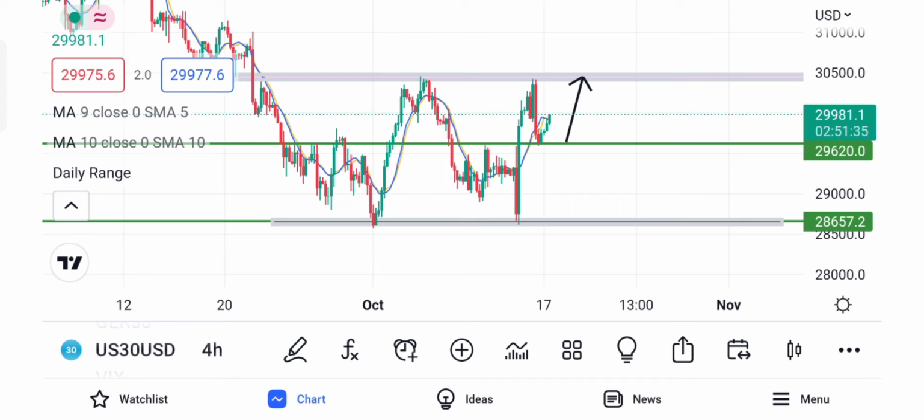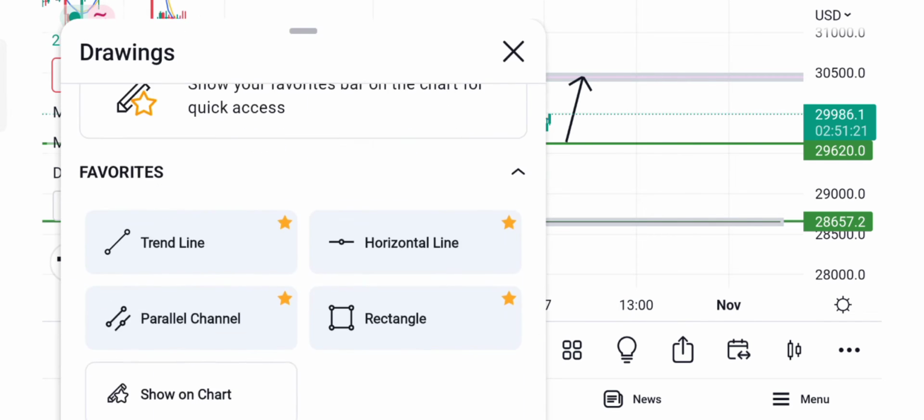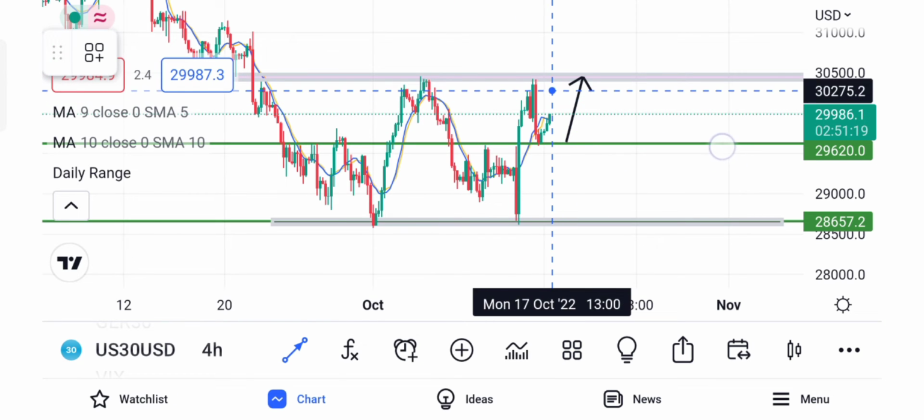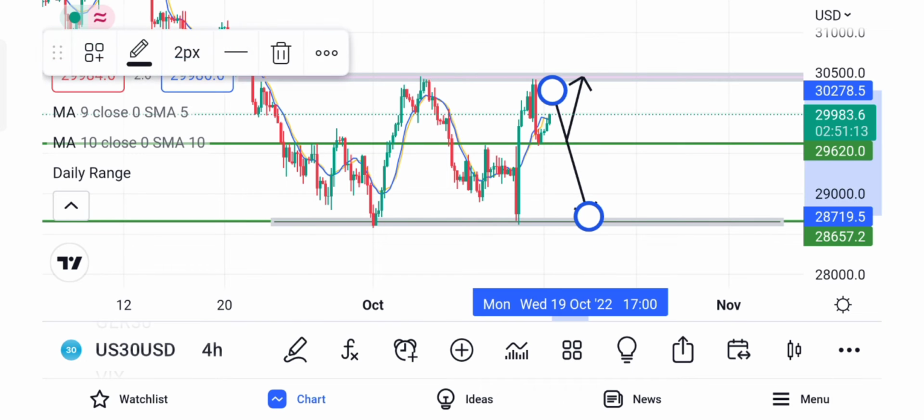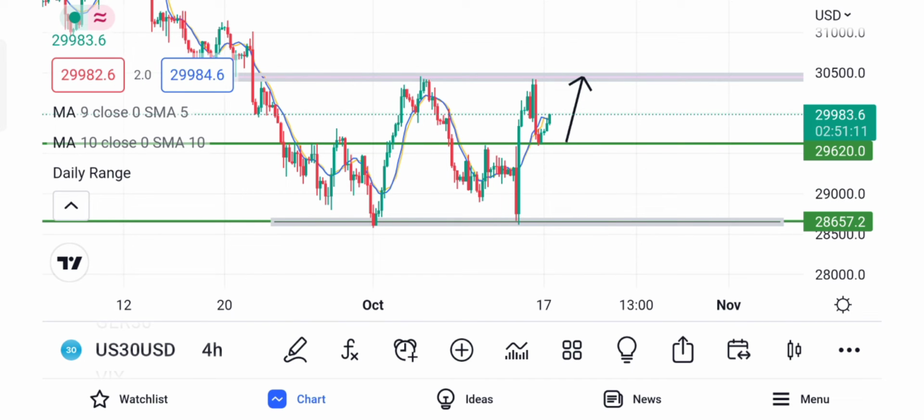That's why when I started, I said this is a confusing market. So you need to know how to approach this market. So this is a double top, and on a double top, we expect the market to drop down here again, as it did here. But this is how you approach a market like this.